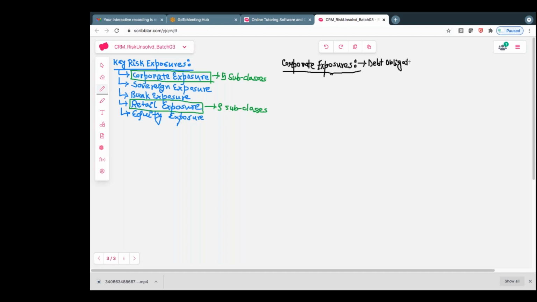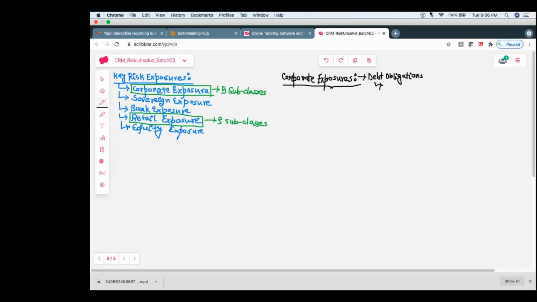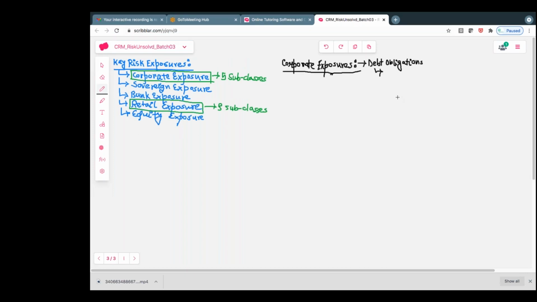The debt obligations are seen for the following types of entities. Now, the type of entity that I'm measuring over here will determine the type of people that is there or the scope of this portfolio. So, debt obligations by proprietorship.